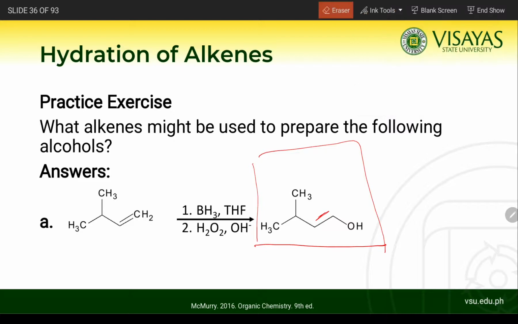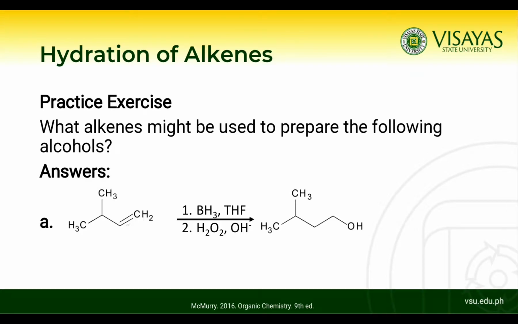Now, when we have the alkene, the double bond here, in the product, our OH is bonded to that carbon. And that carbon is actually the less substituted carbon, no? So that means to say, the reagents that we're going to use are the hydroboration oxidation reagents. Okay? So you have to familiarize the reagents in the hydration process of alkenes.